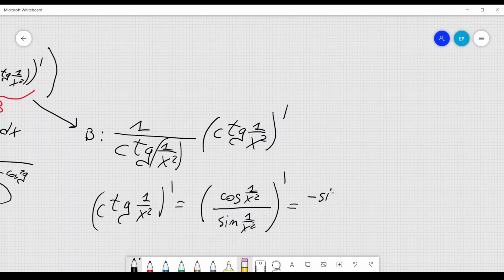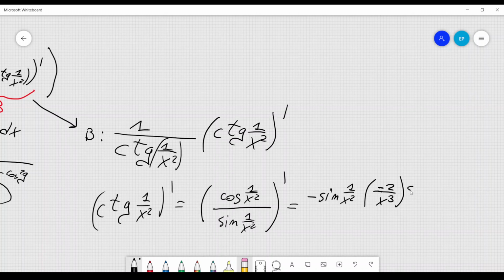So we have minus the sine of 1 over x squared, and we also have to take the derivative of the argument of this, which is minus 2 over x to the third power. That's an easy calculation.